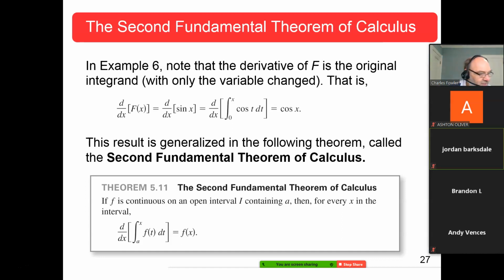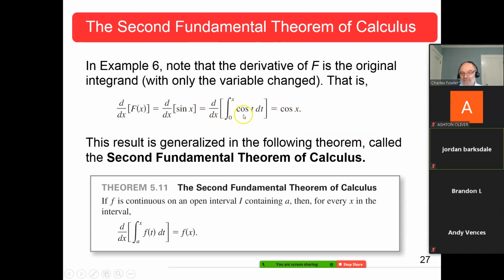Now, in example 6, which is the one we just did, note that the derivative of capital F is the original integrand with only the variable changed. That is, the derivative of F of x, remember that was sine x, the derivative of that is cosine x.